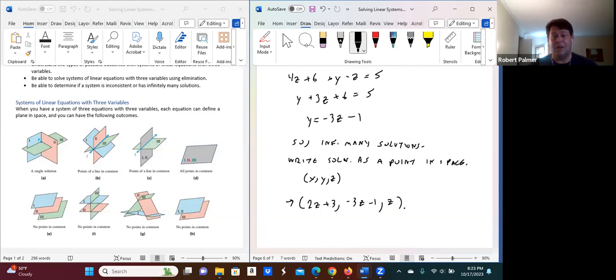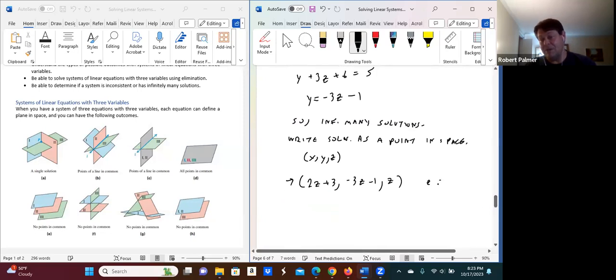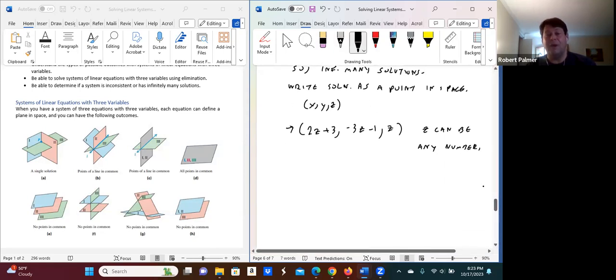Now, once again, with infinitely many solutions, z can be whatever I want, any number. For example, let's do a quick example. Let's see what we get.